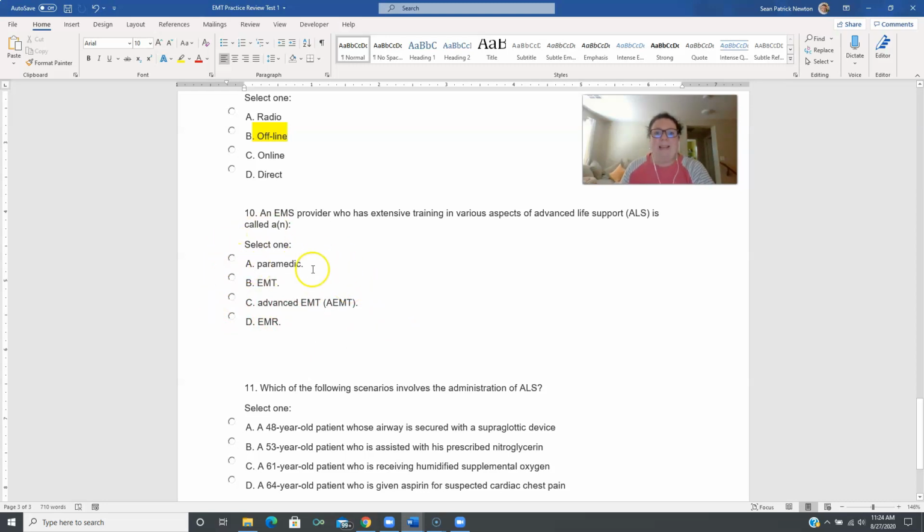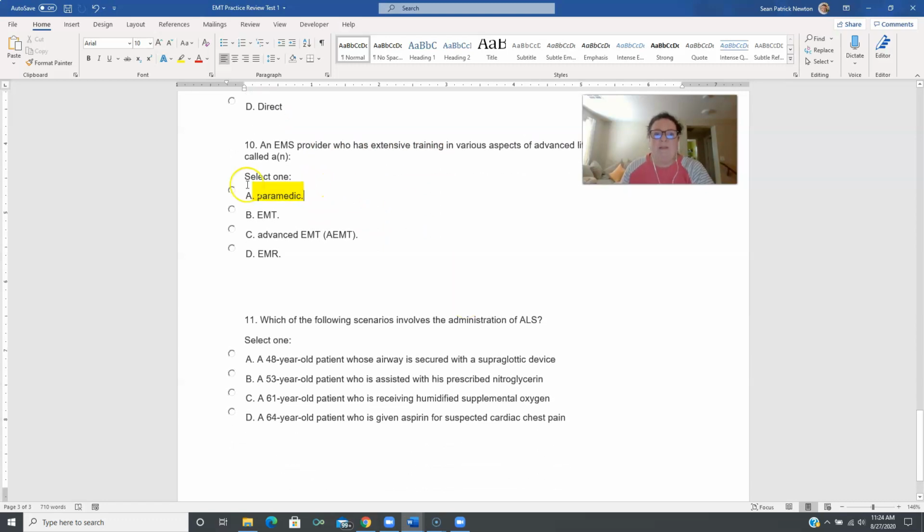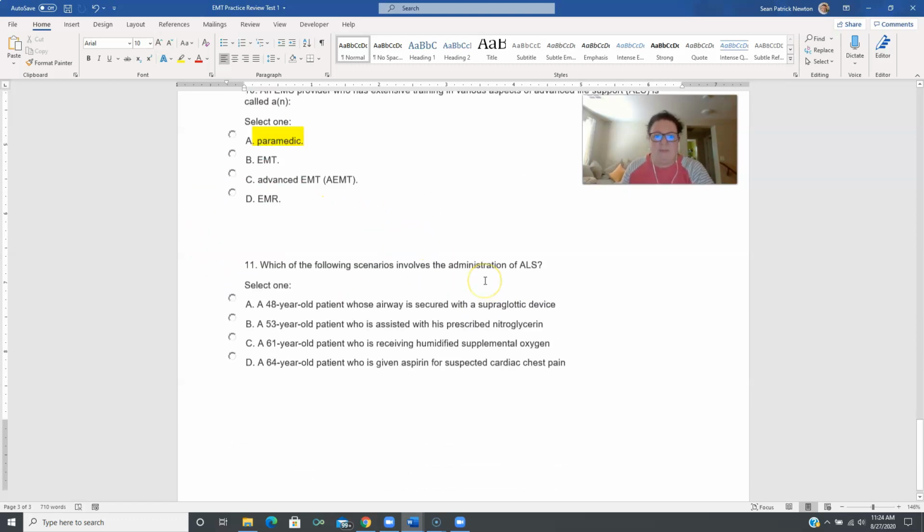Paramedic has extensive training, like 1,500 hours, so this is the right answer. While there's additional training in the advanced EMT and the paramedic, extensive really is prompting you to pick the most training of all four of these answers.